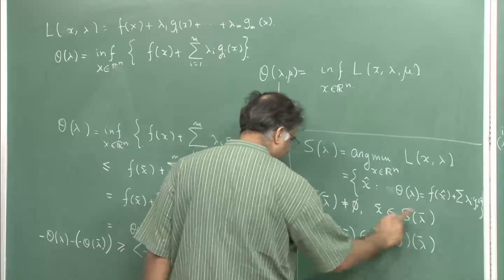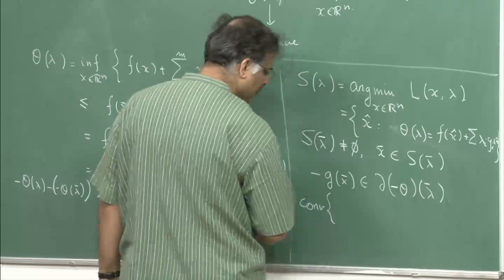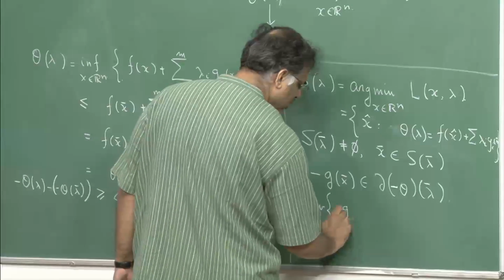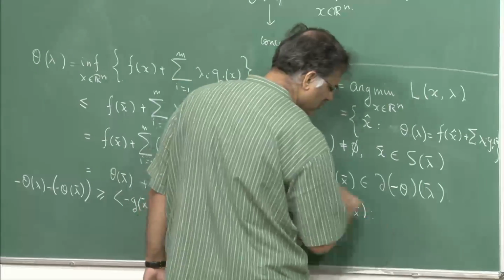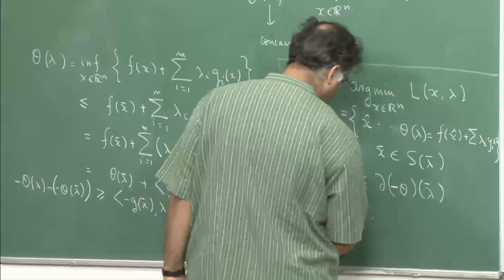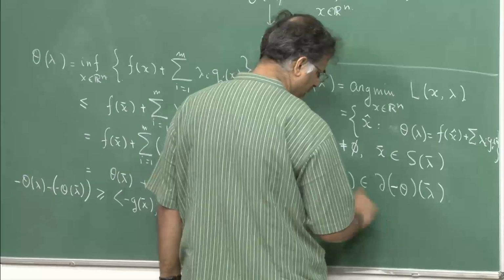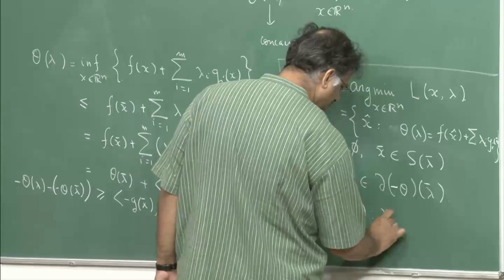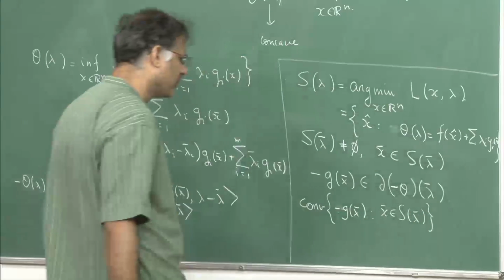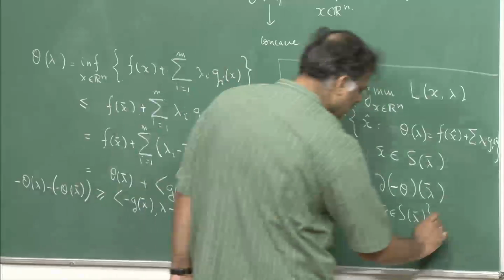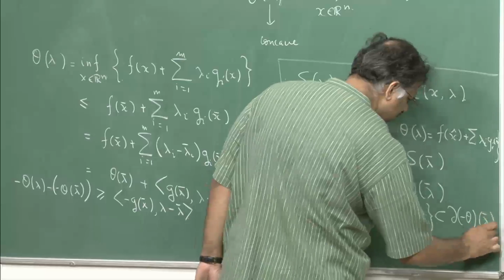So, finally, because the subdifferential is a convex compact set, I can write that the convex hull of minus g of x bar, where x bar belongs to S lambda bar, is a subset of the subdifferential of minus theta at lambda bar.